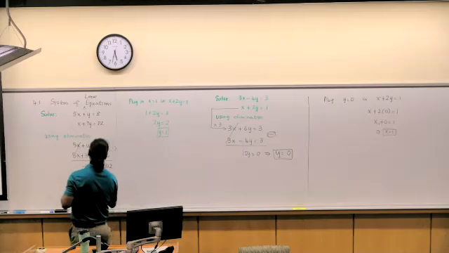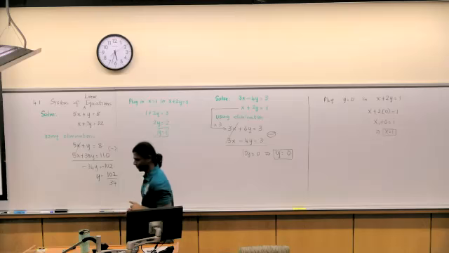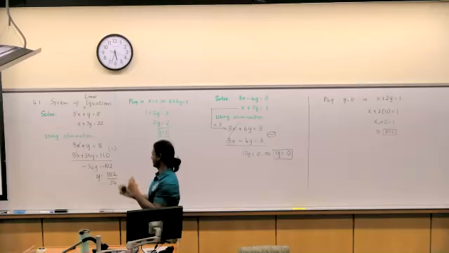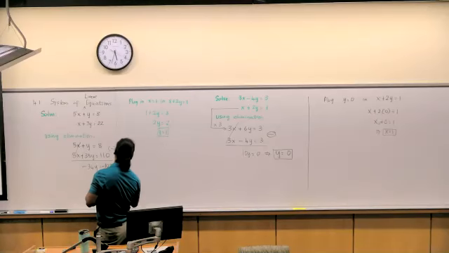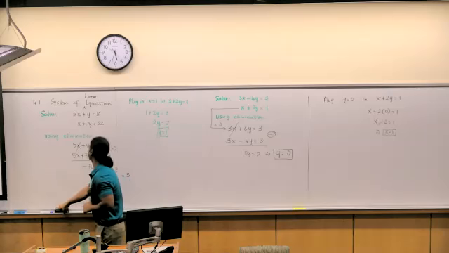So what is y? Negatives would go away. 102 divided by 34. So would they get cancelled? By what? 3. So the value of y is 3.